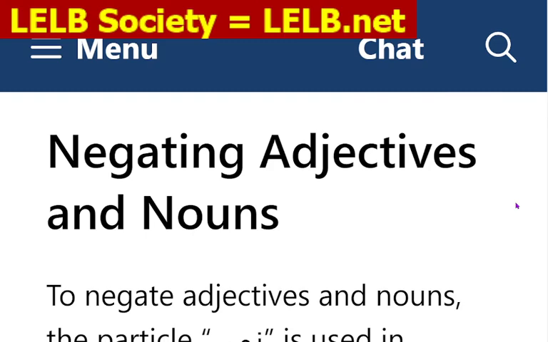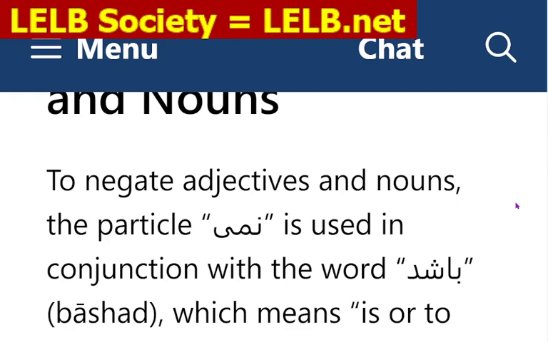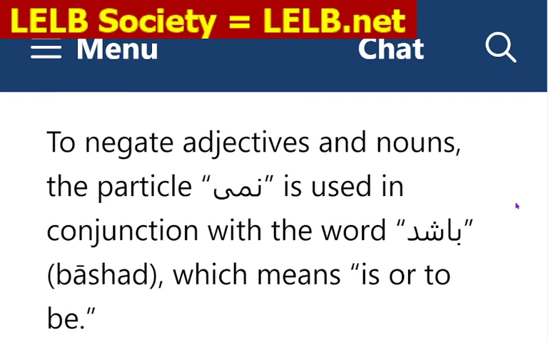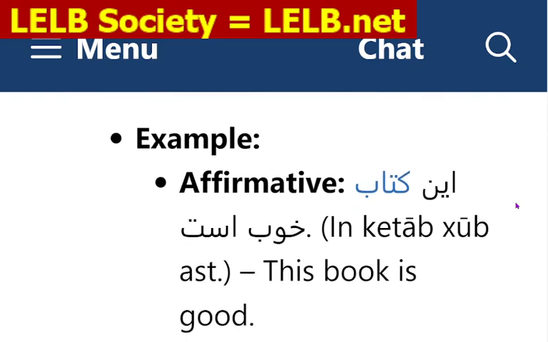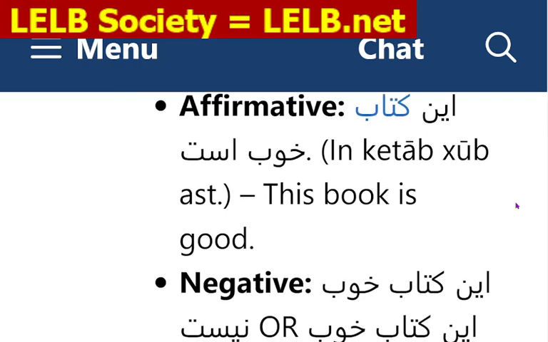Negating adjectives and nouns. To negate adjectives and nouns, the particle nemī is used in conjunction with the word باشد, which means is or to be. Example: این کتاب خوب است. This book is good or decent.